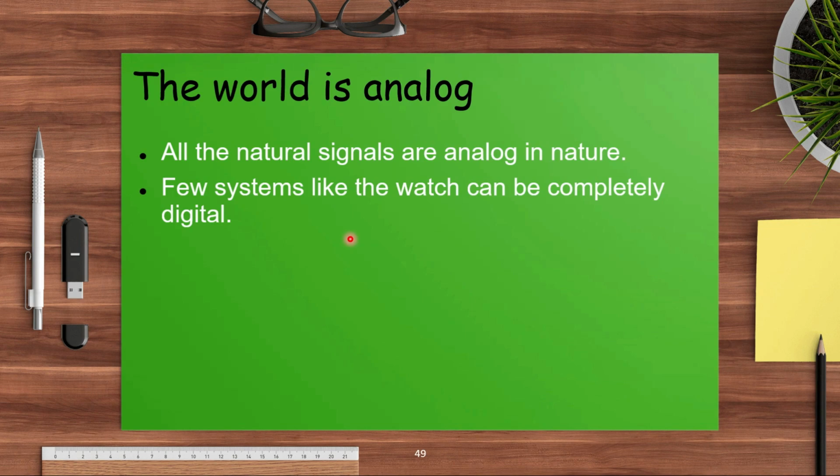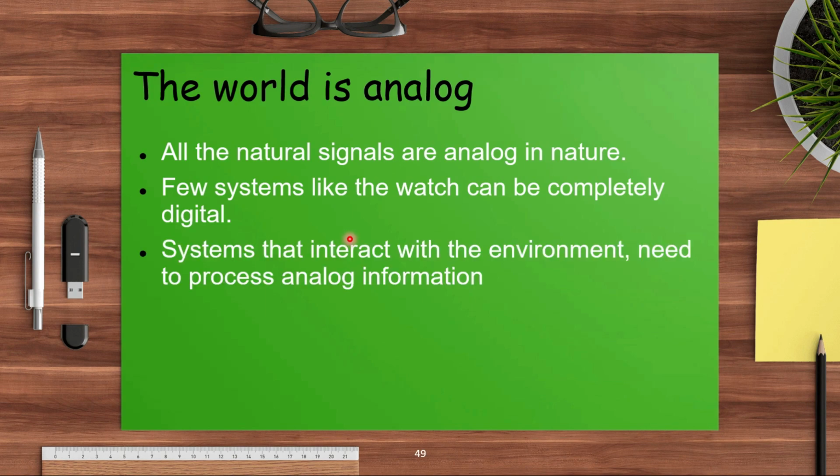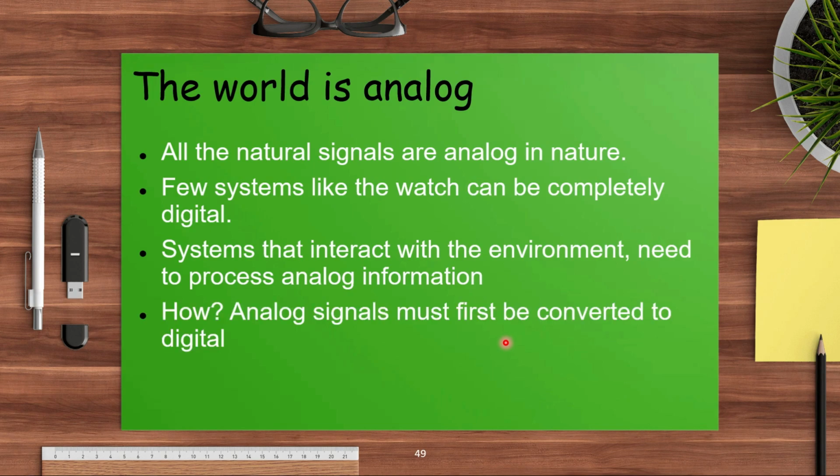For example, consider a watch, which may be analog or digital. We have to communicate with the environment in terms of pressure, temperature, humidity, or any other parameter which we want to convert into the system. At that time we have to interact with analog signals, and that analog signal we have to convert to the digital system.